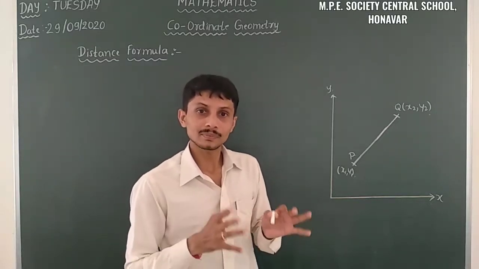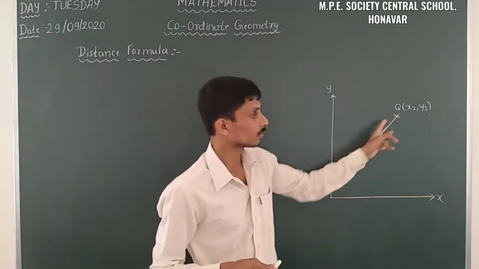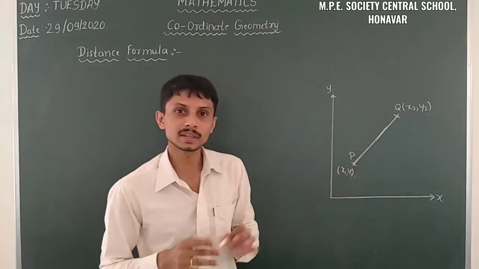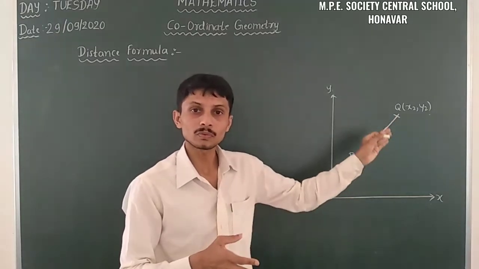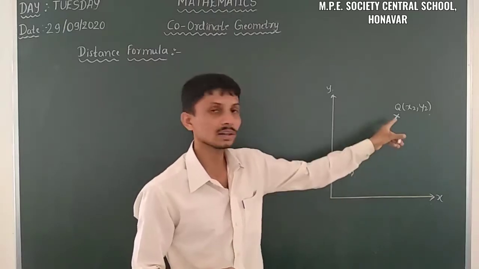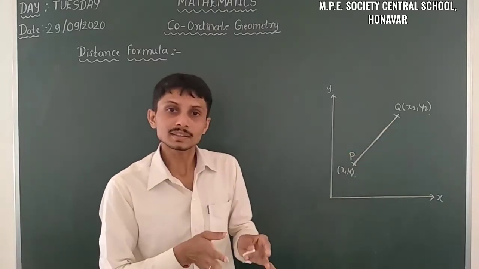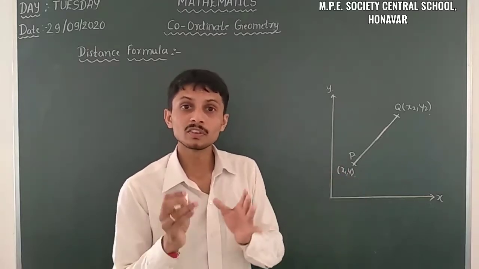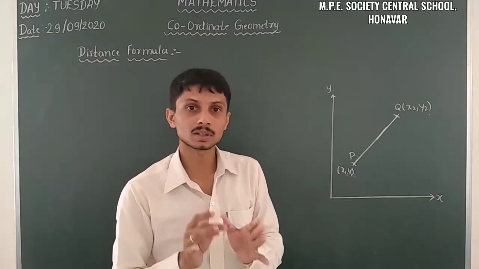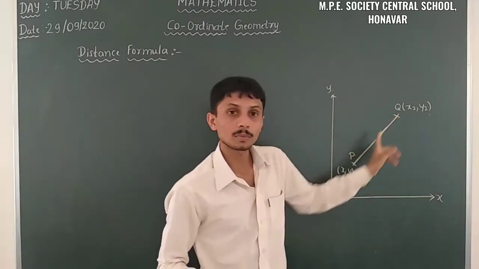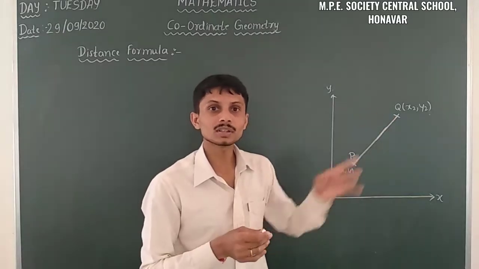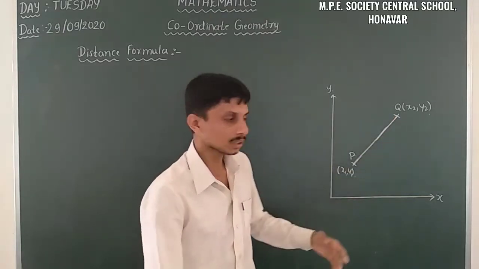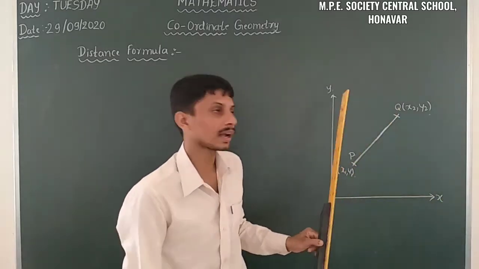But to find this line or side, a triangle is the better way to find the distance between P and Q. In triangles, a right angle triangle is suitable because we have the Pythagoras theorem. From that we can easily find the hypotenuse of this triangle. So for that we have to construct a triangle.